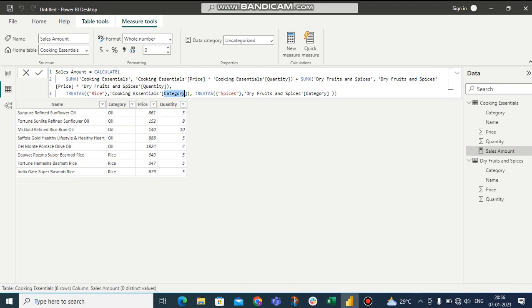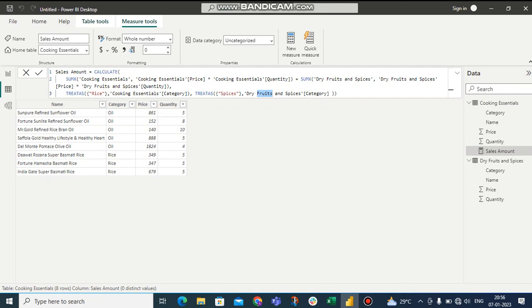Then again I am using the TREATAS function. I want category-wise spices data from the other table, dry fruits and spices. So you can see this is picking up values from two different tables which have no relationship between them.